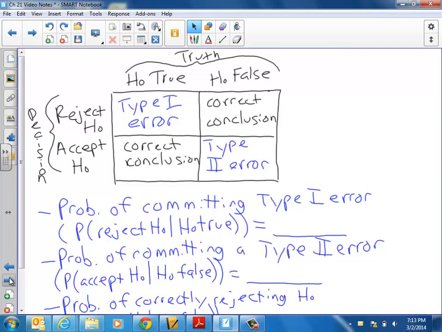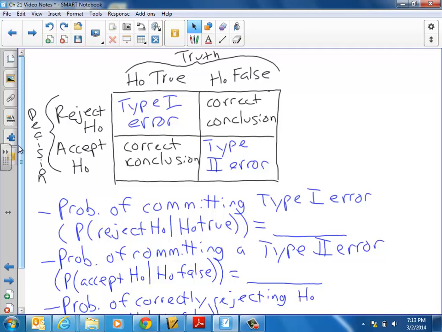All right, so what we have here in this third slide is a table representing the way outcomes from a hypothesis test can occur. In the columns here, you have the 2 possibilities.